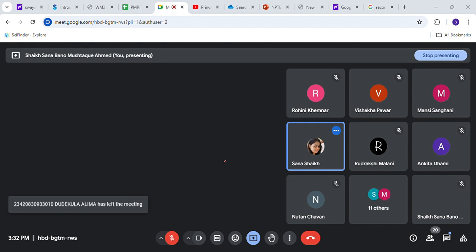In SN1, the carbocation formation takes place followed by the attack of the nucleophile. And in SN2, both bond breaking and bond making happen simultaneously to give inversion of the molecule. So I hope all of you are clear with this answer also. So this is the SN2 type of reaction.